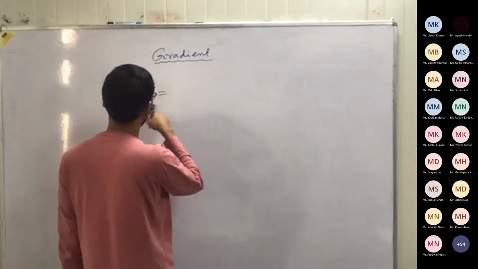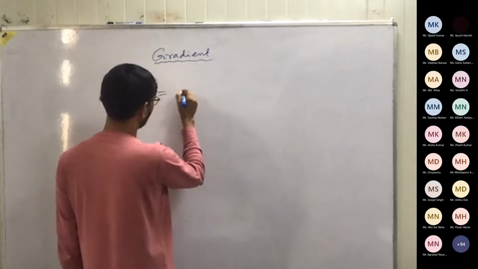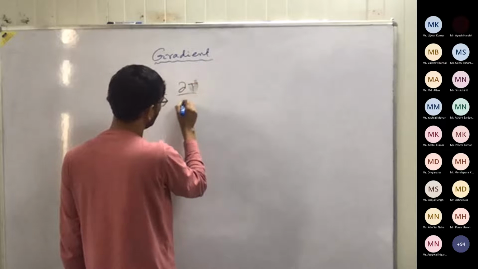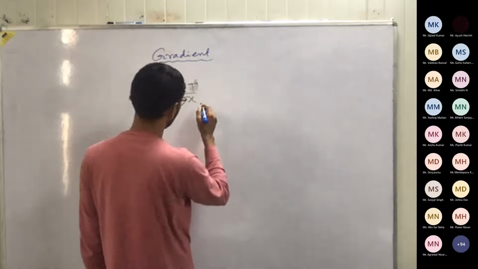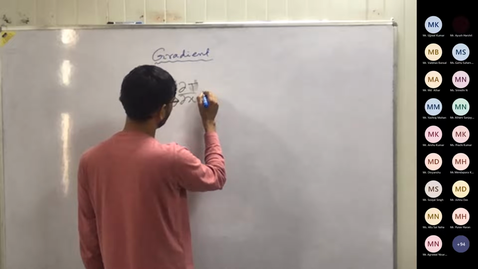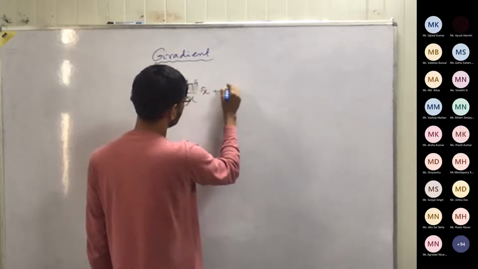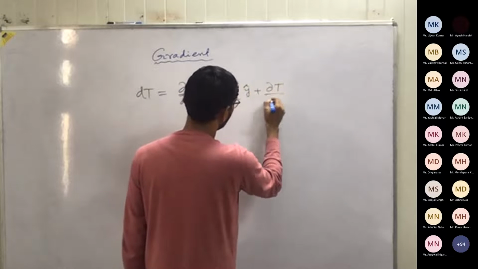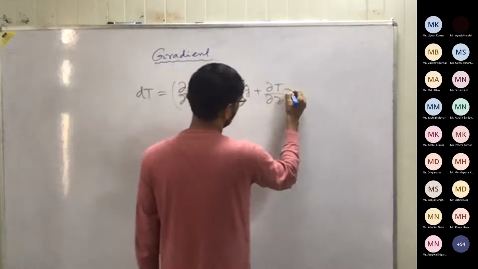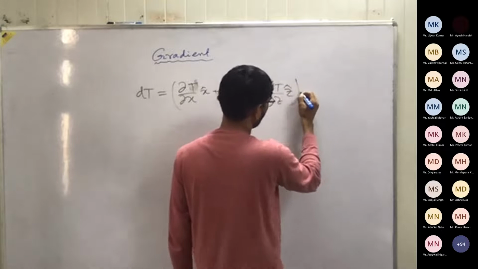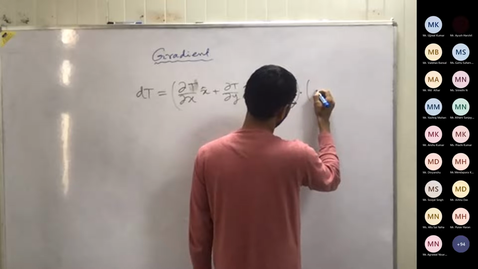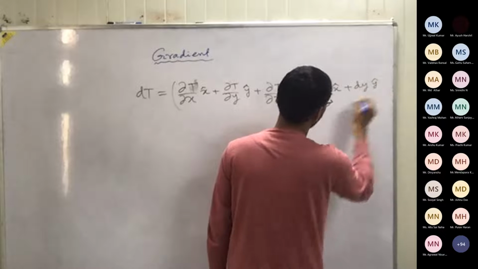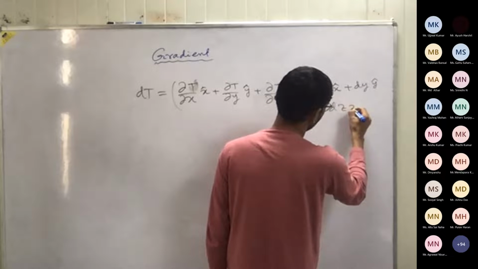Okay, so what I had here: dT equal to del T by del x x cap plus del T by del y y cap plus del T by del z z cap, and then I took the dot product with dx x cap plus dy y cap plus dz z cap.